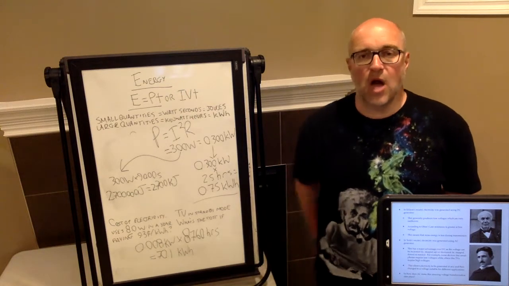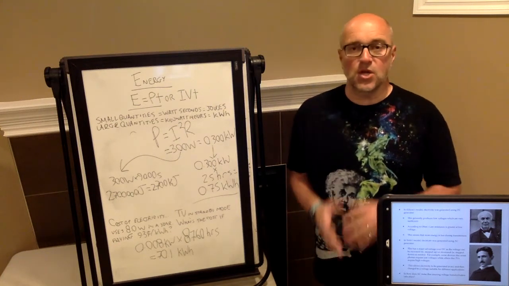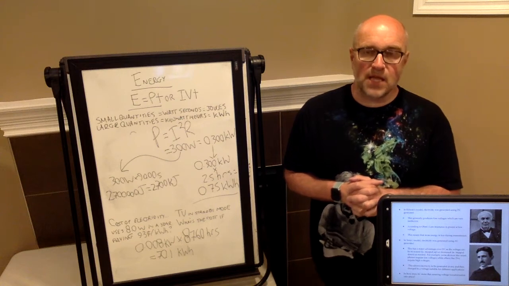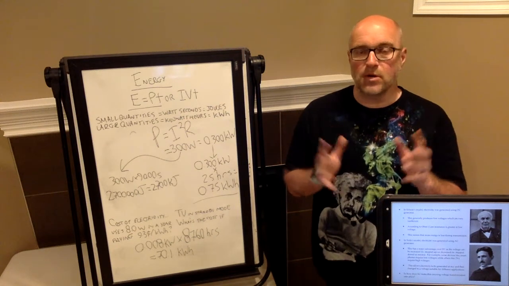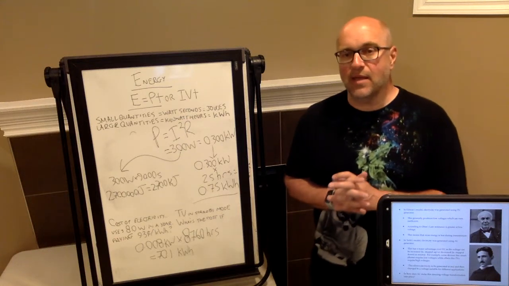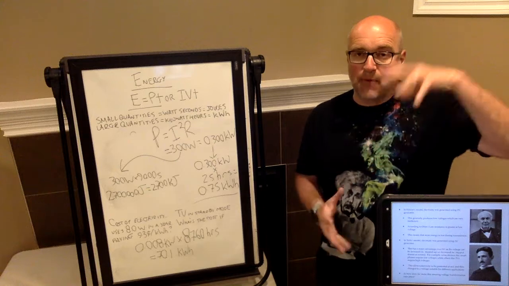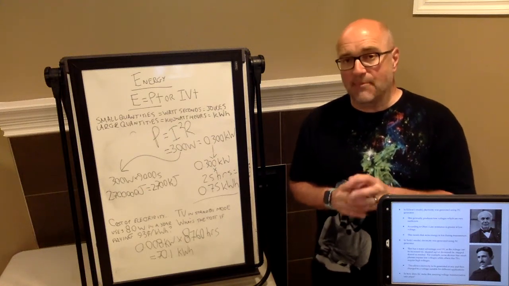That's probably 60 some kilometers, 70 kilometers away to transmit that electricity out to Morinville. We don't want to have a lot of resistance in the line. So what we do is we play around with the electrical energy that's actually in the circuit by bumping up the voltage.